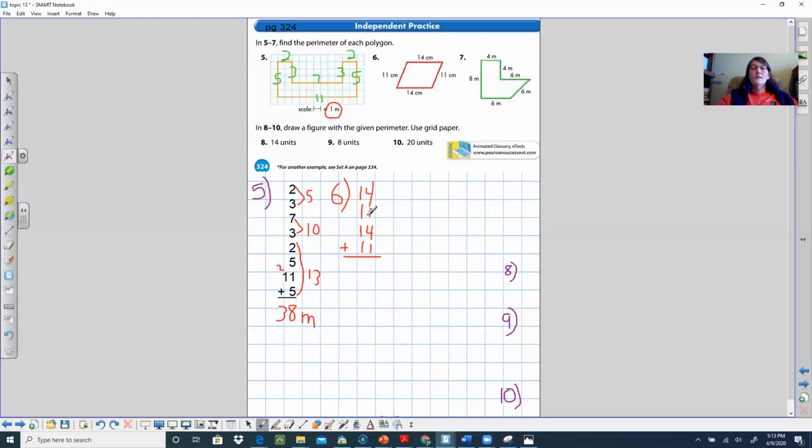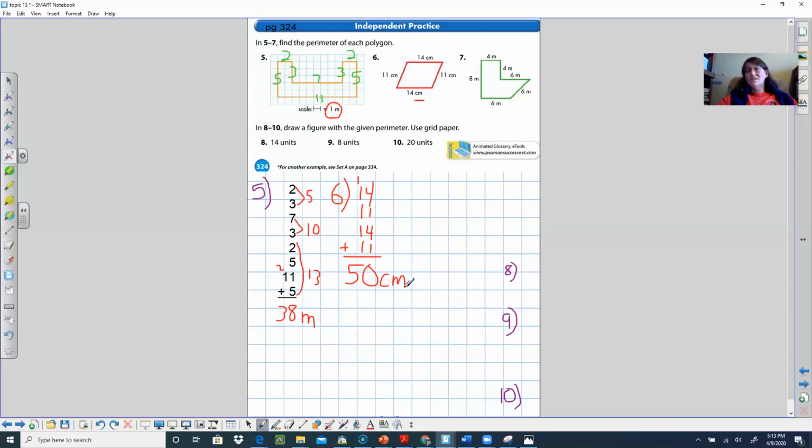So 4, 5, 4, 5. So I have 5 plus 5 is 10. Ooh, made that 0 a little big. Carry a 1. 1, 2, 3, 4, 5. Now we need to look back up there and make sure that we're paying attention to what our unit was. Our unit was centimeters.